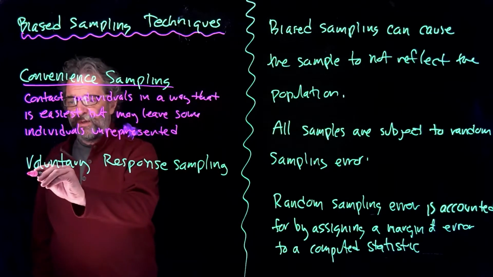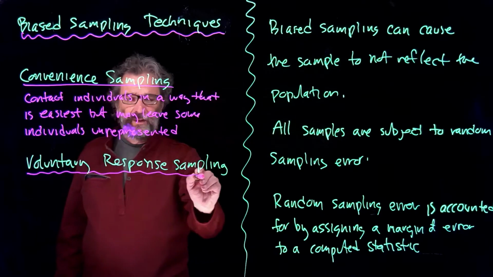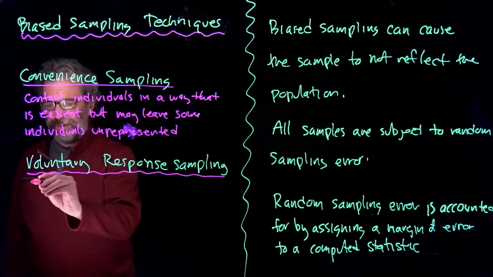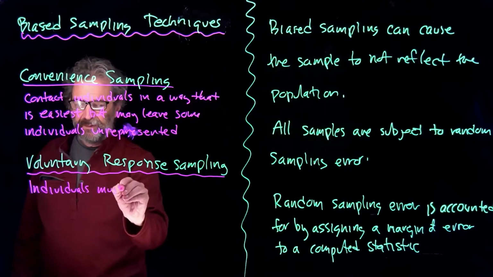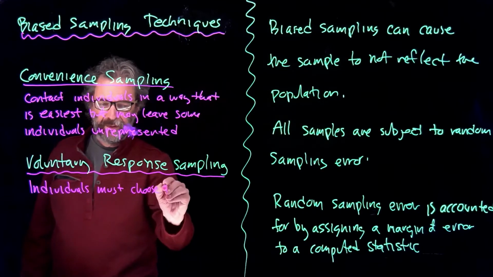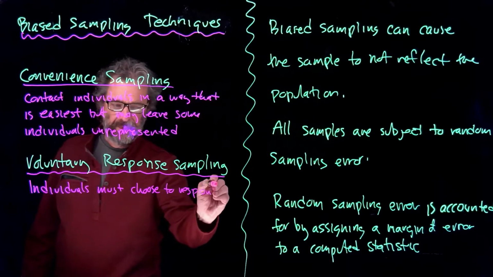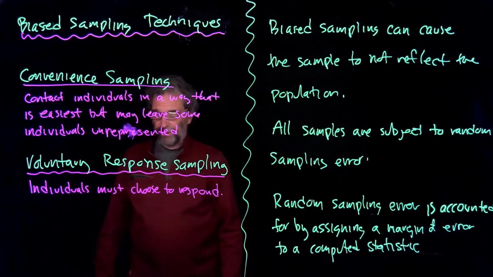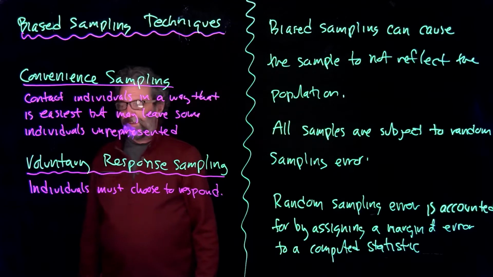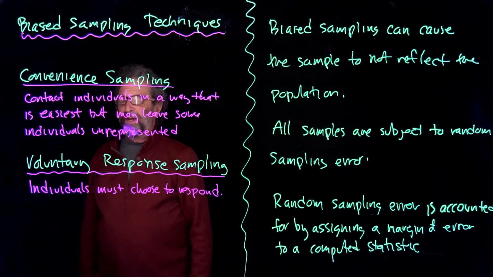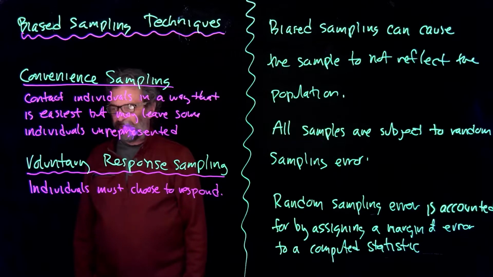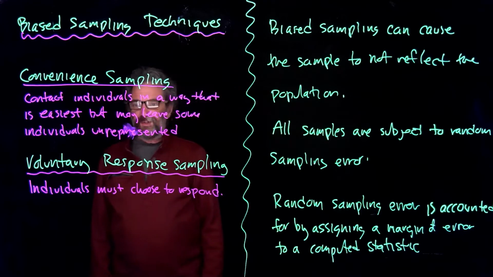And then there's what's called voluntary response sampling. Here, the individuals must choose to respond. So what might you do? You might be requested to go to a website and respond to some questions. You might be watching a movie, and they might ask you to call in and find out about cheap insurance you might be able to get.